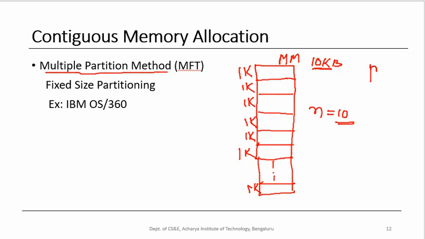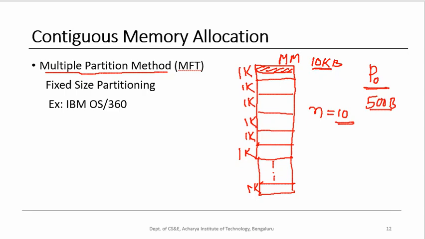Now when process P0 requests for memory, let's say it requests for 500 bytes. Okay, so it is given 500 bytes in the first partition. Essentially, the point that I am trying to make here is that one partition is assigned to a process.